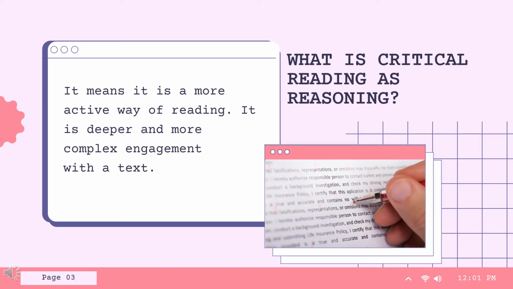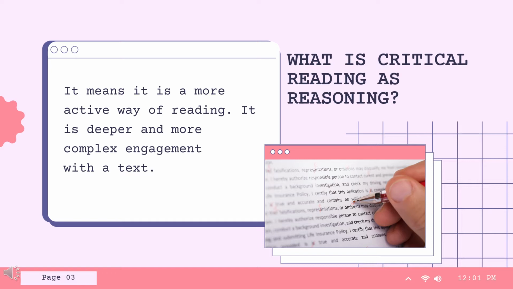But what if we are going to integrate or connect the concept of reasoning to critical reading? What does it mean? It means it is a more active way of reading. It is a deeper and more complex engagement with a text.